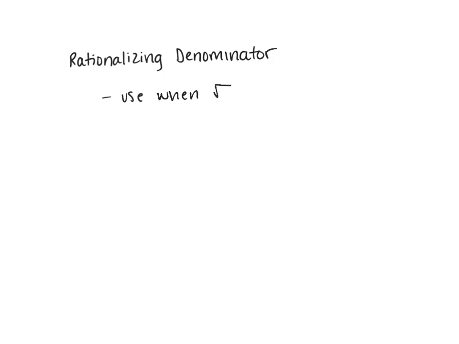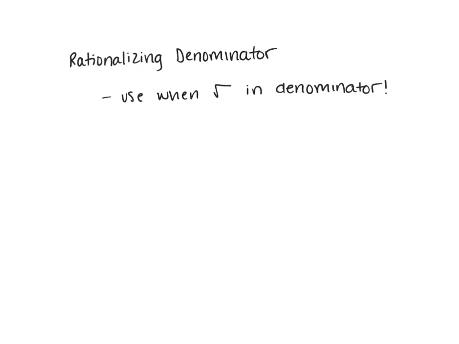Okay, so rationalizing the denominator, we use when there's a radical in the denominator, not the numerator, okay?